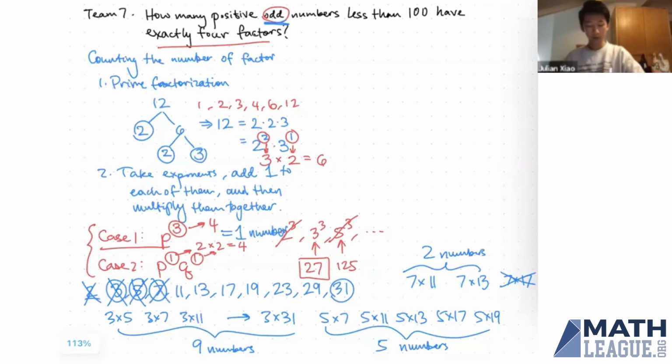Now the thing is, once we get to 11, if 11 is our smallest prime factor, then any number is going to be greater than 100. So once we've gotten to this point, we see that all the numbers that we could possibly make are more than 100. That's when we stop.